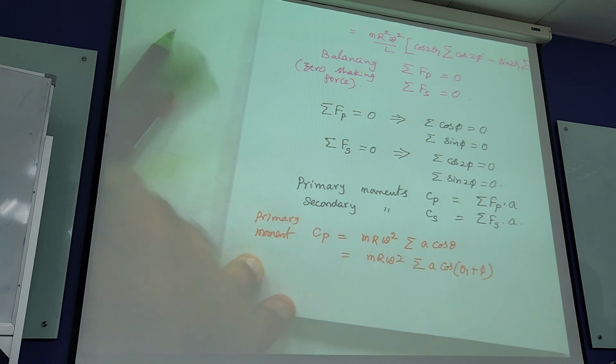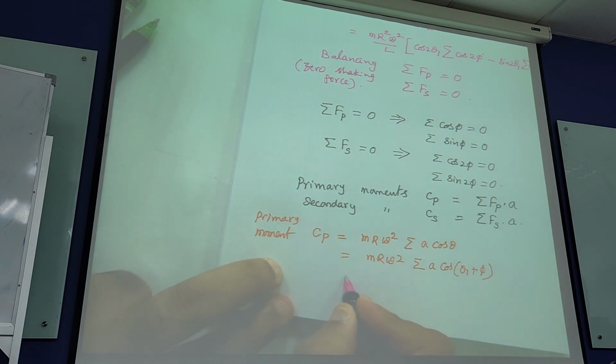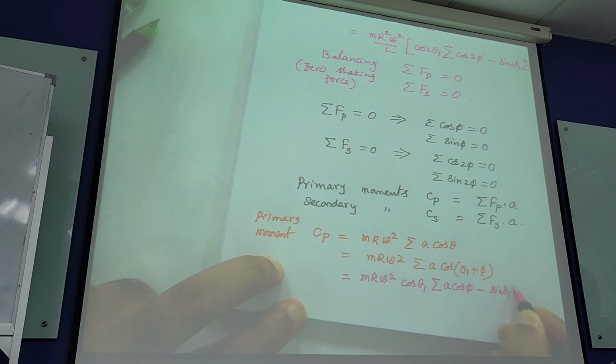If you expand this like the previous one, cos(A plus B) is cos A cos B minus sin A sin B. So we can write m r omega square, take out cos theta 1, and write sigma A cos phi, minus sine theta 1 sigma A sine phi.